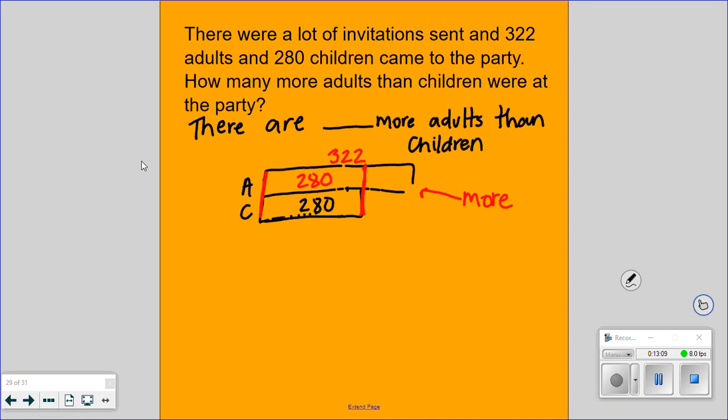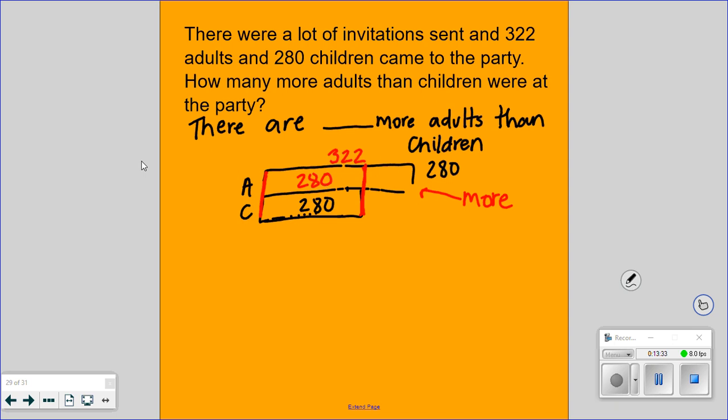Now I have to put our story into math language. Marley, you want to give it a go? 280 plus 352. 280 plus all my adults? Minus 300. Minus all my adults?